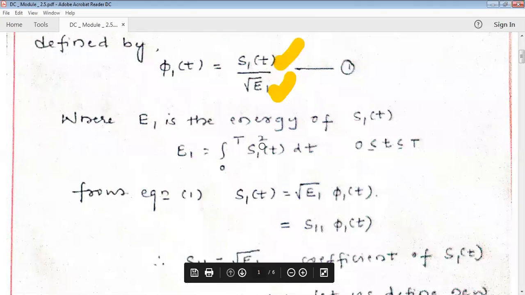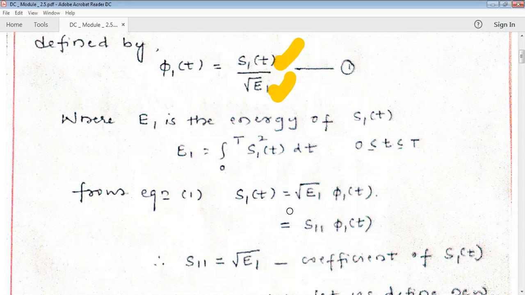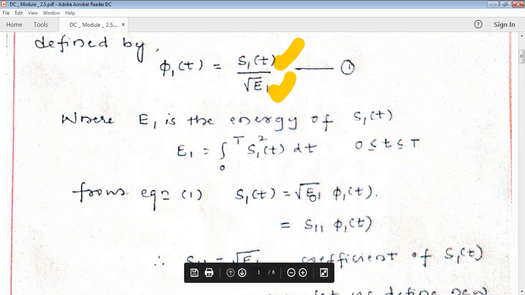And from this equation number 1, the signal s1 of t can be represented as square root of E1 multiplied by phi1 of t. So s1 of t is equal to square root of E1 phi1 of t.